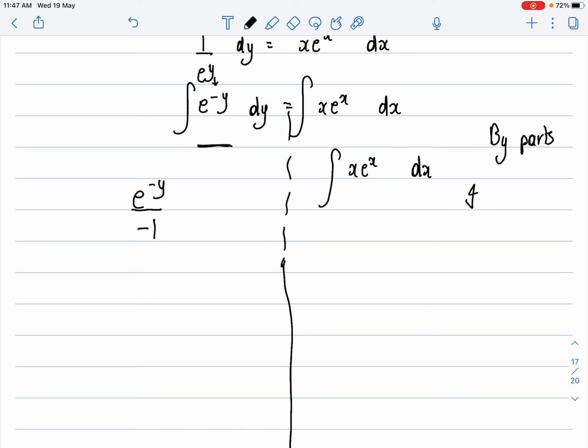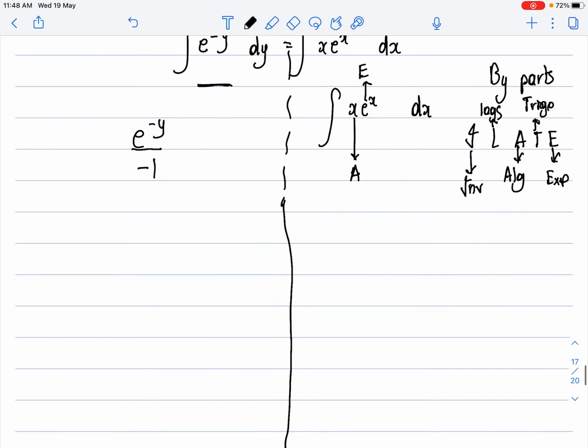So this suggests something called ILATE, if you remember, where I means inverse, L means logs, A means algebra, T means trigo, E means exponents.